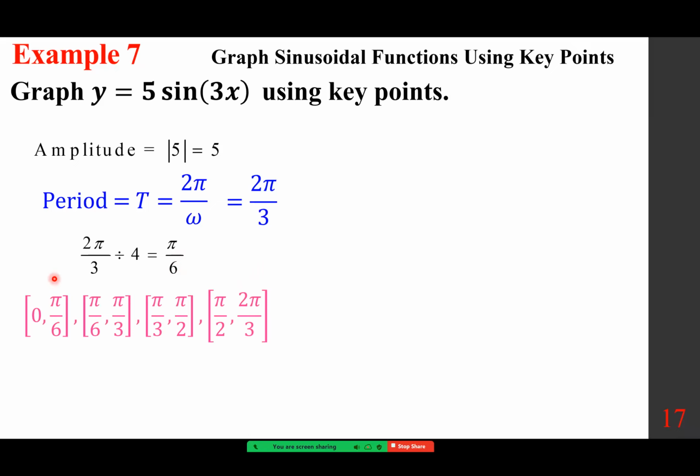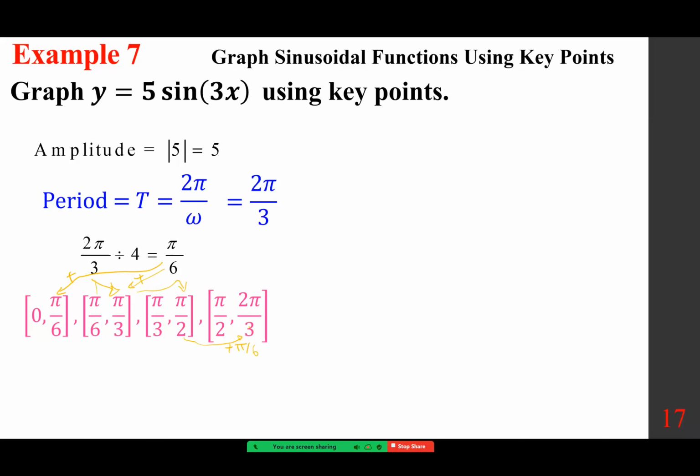Again, this is the first one. Now, to this one, add pi over 6, and it results in pi over 3. Now, if you add it, it results in pi over 2. If you add pi over 6, it results in 2 pi over 3. That's how you get those sub-intervals.